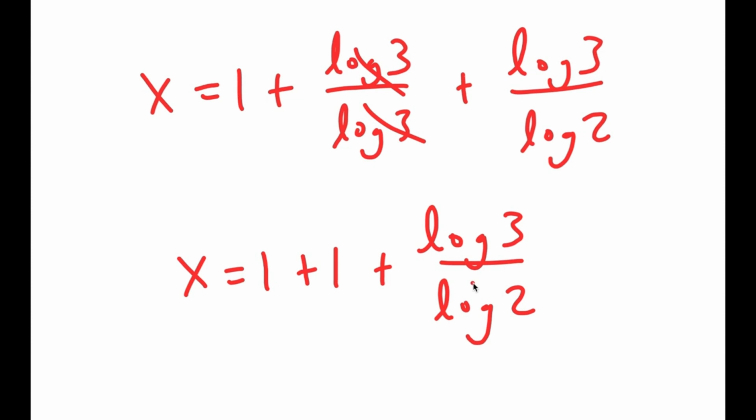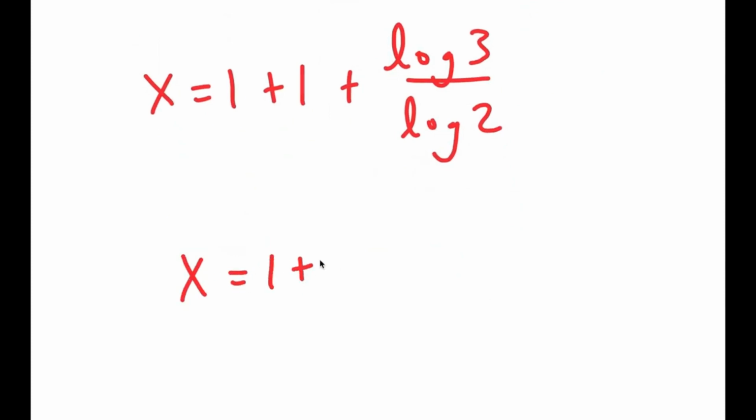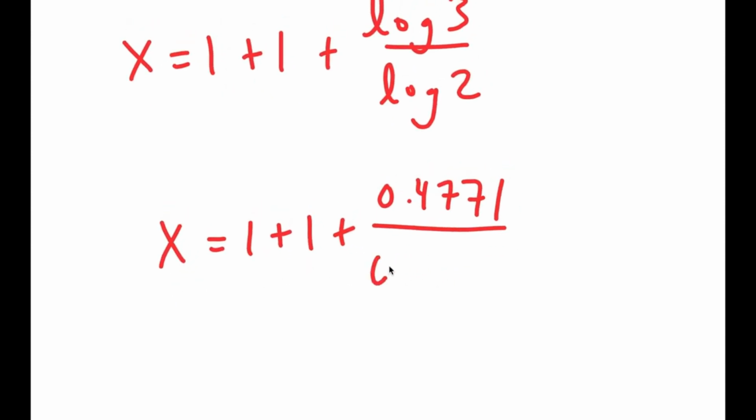Now, log 3 is equal to 0.4771, and log 2 is equal to 0.2030. So now if I divide log 3 by log 2, log 3 is 0.4771 and log 2 is 0.2030.